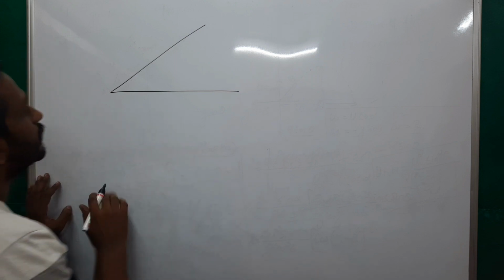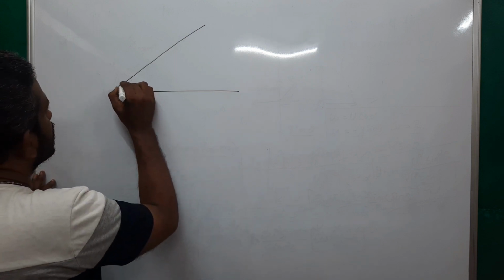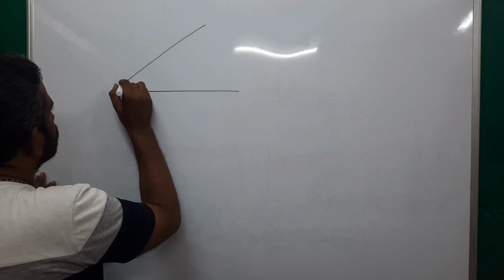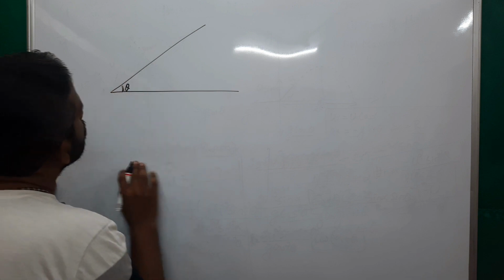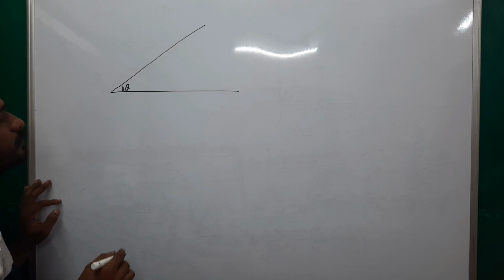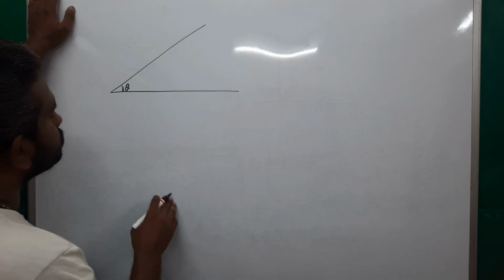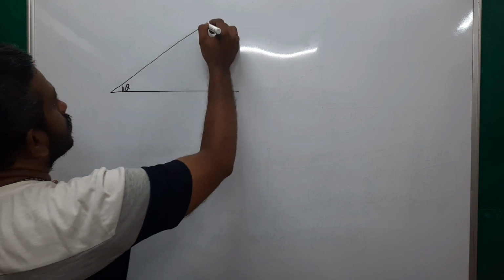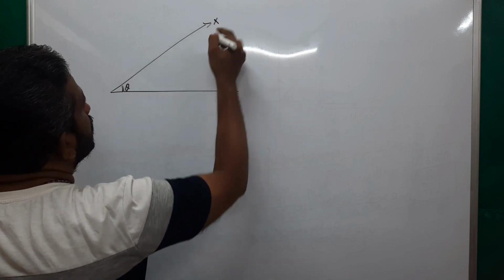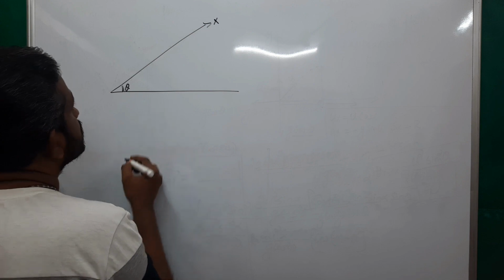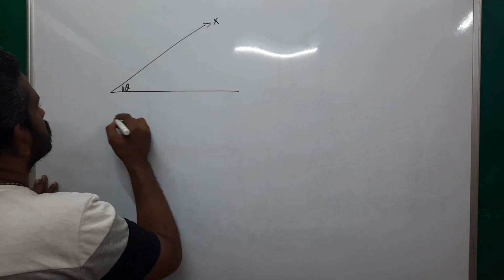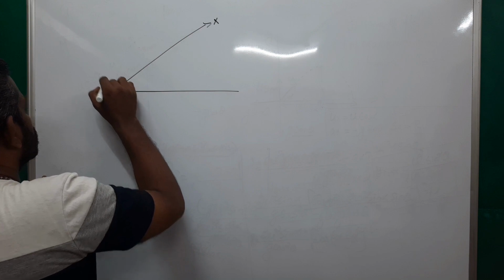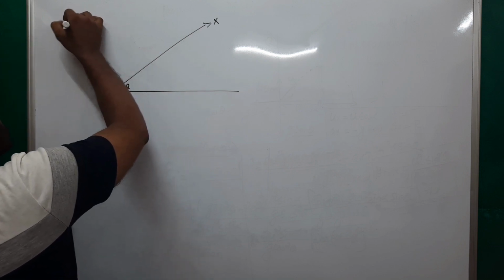So it is an inclined plane, which makes an angle theta. This is our x-axis, and this is our y-axis.